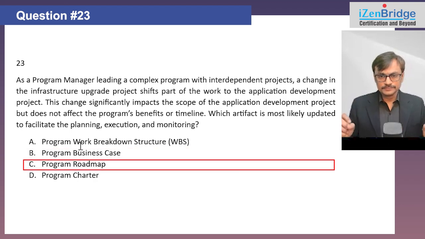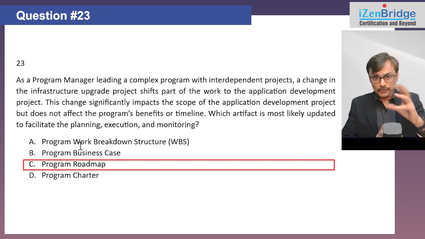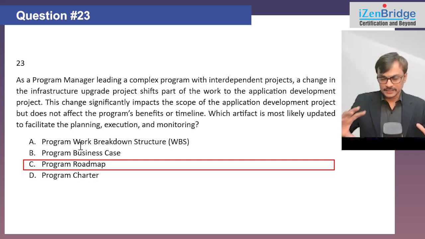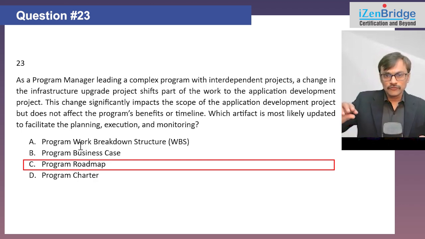Program roadmap, possibly it will get impacted, possibly, not very clear, because the question is indicating that it is not producing any impact on timelines and benefits. Even if we update the program roadmap, yeah, usually when we have a change in the project level deliverables, the program roadmap may get impacted. But that roadmap impact may not be the goal of facilitating planning, execution, and monitoring.